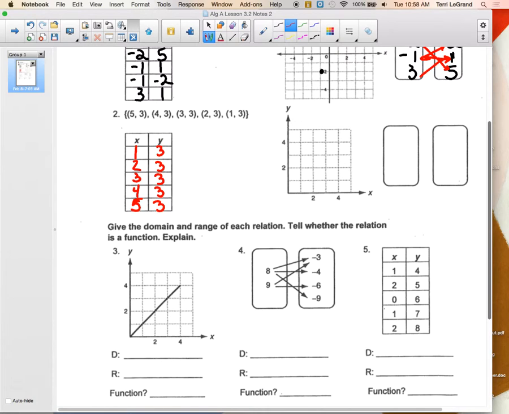Okay, I haven't gone any further than just filling in the table, because I want to stop right now and I want to ask this question.